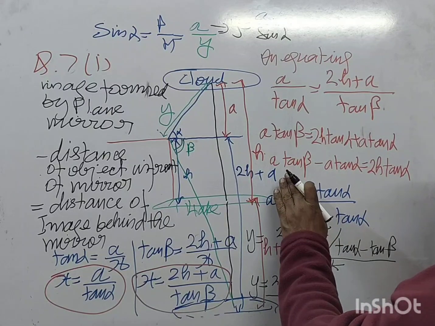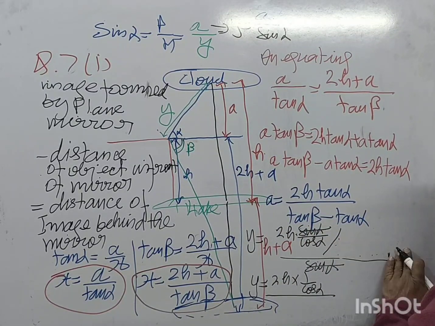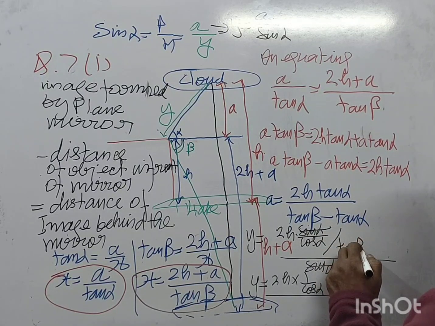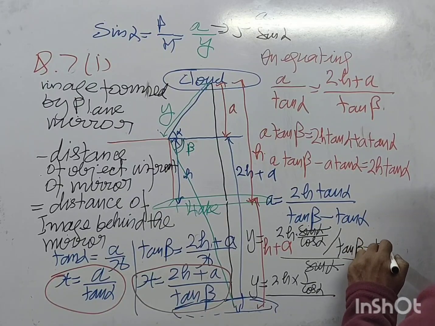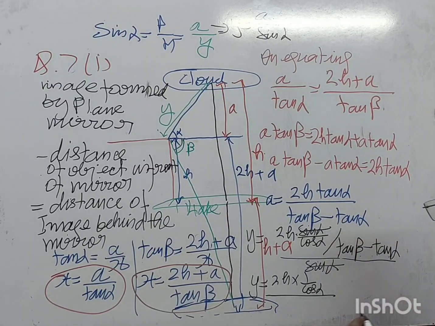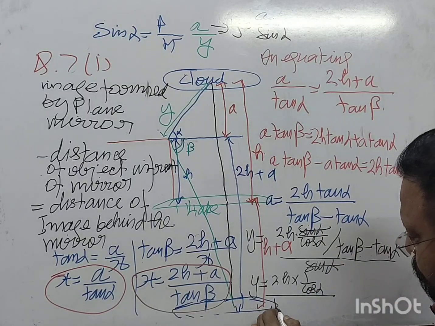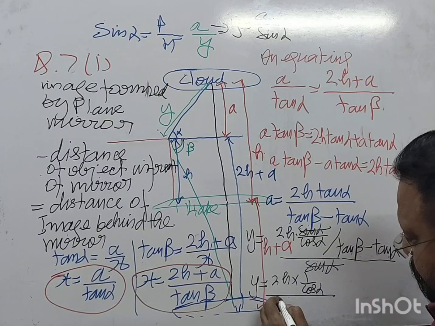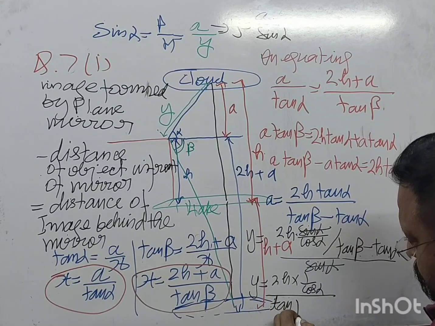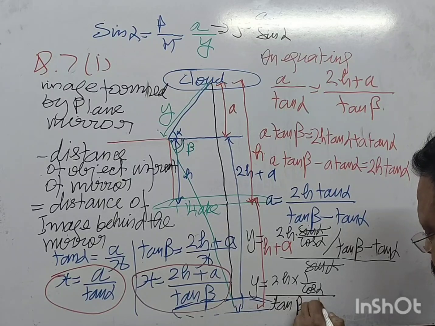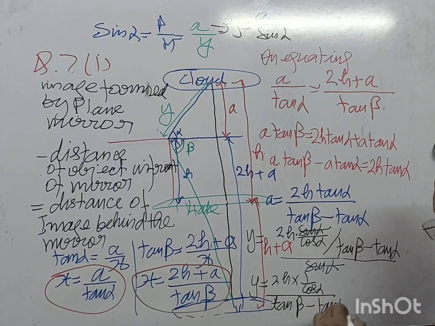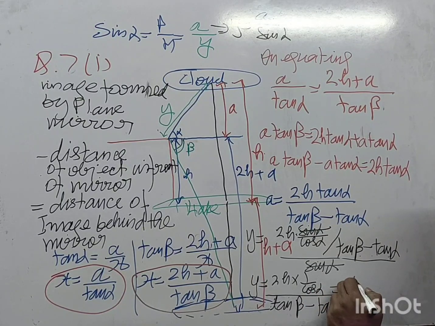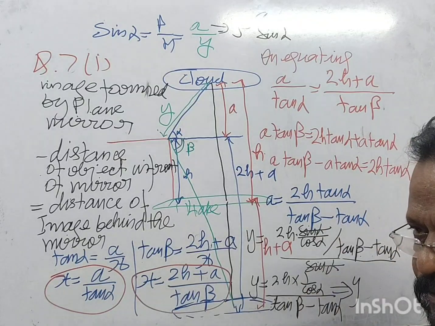Sorry, I wrote it wrong here, it is tan beta minus tan alpha, right? So this is tan beta minus tan alpha. Now you get y is equal to 1 upon cos alpha, which is sec alpha.